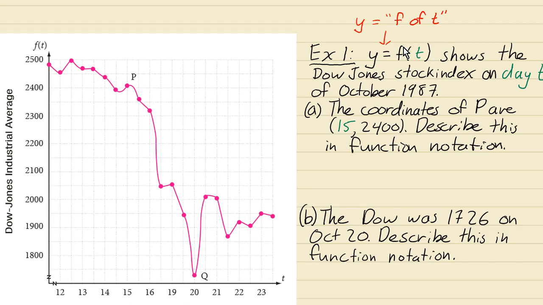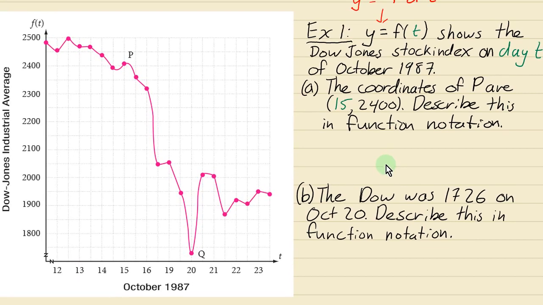F is the name of the function, and when you say f of t, remember, say it out loud right now. If you're at home, if you're in the library or something, just mouth it. The important thing is I want you to start trying to learn the proper use of the language, because that's important to understand what I'm saying in the videos and to be able to talk about it with other people. So f is the name of the function, t is the name of the input variable, and the y-axis here represents the output.